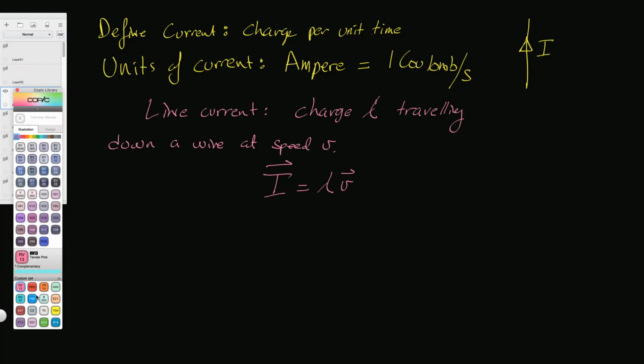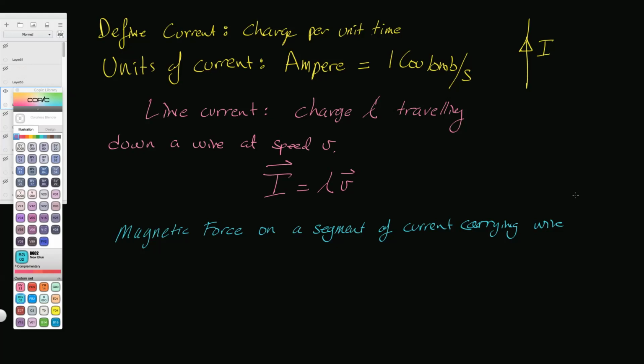If we want the magnetic force on a segment of current carrying wire, we know that F mag is Q V cross B. Well, we now have to add up all the charge because it's not just a point charge somewhere.